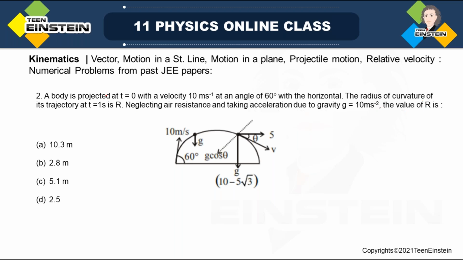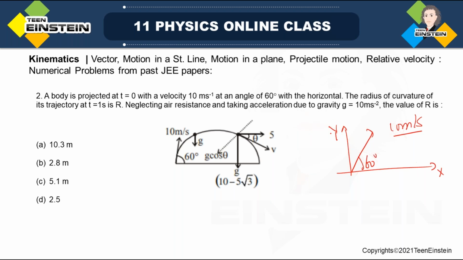So what is the problem? Problem is that a projectile has been projected at an angle 60 degree with velocity 10 meter per second. So this is all right, as usual, no problem with this.